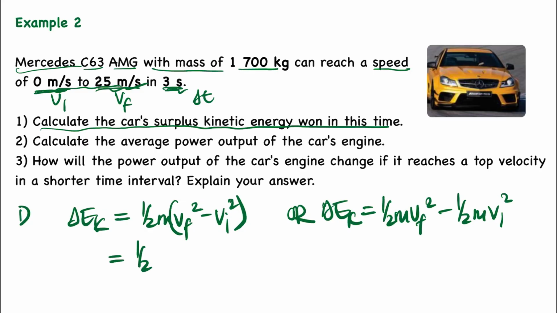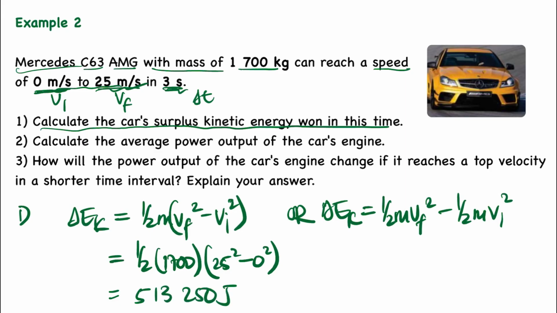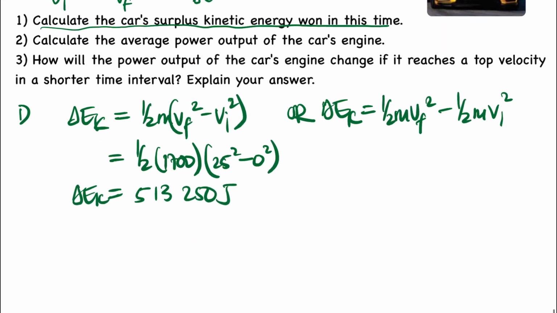It's half times 1700, the final velocity is 25 squared, minus 0 squared, which is the initial velocity. When you punch that in the calculator, it will give you 513,250 joules. That's the energy that it has gained, the surplus kinetic energy gained by the car in this time.